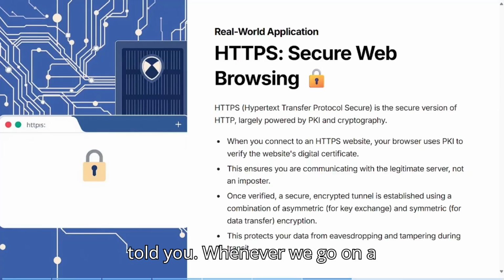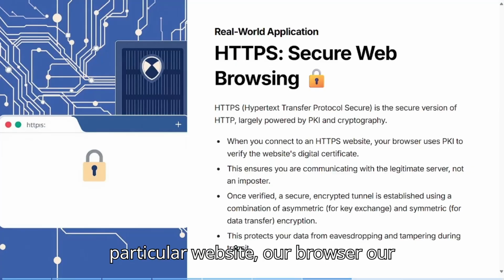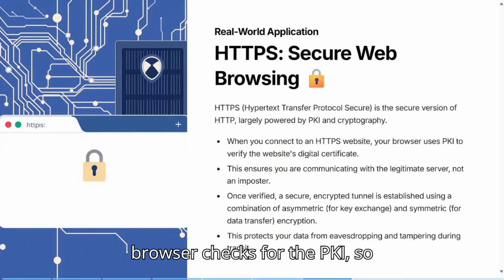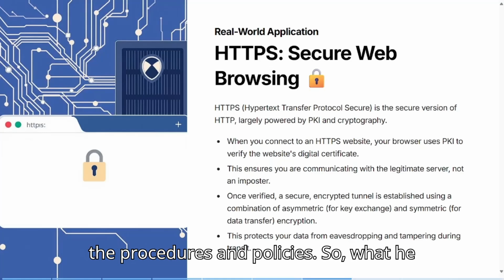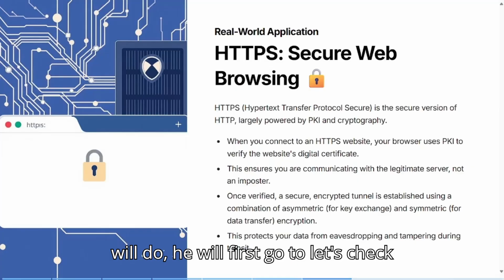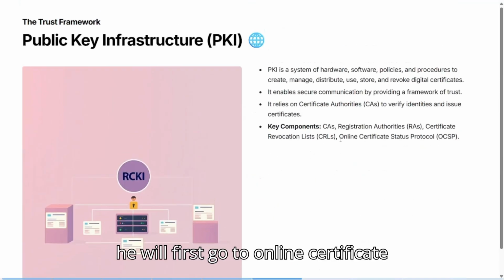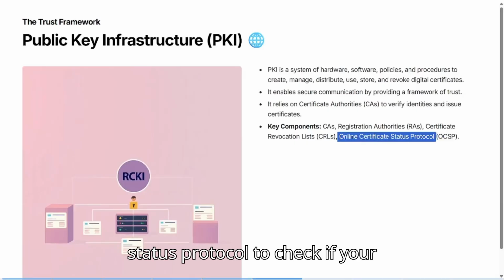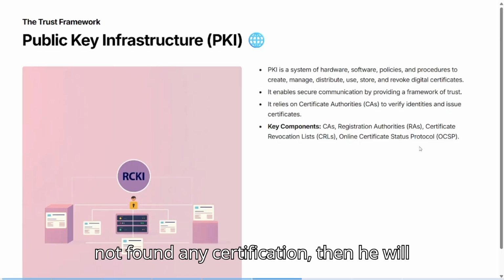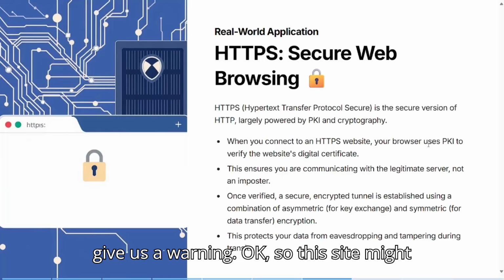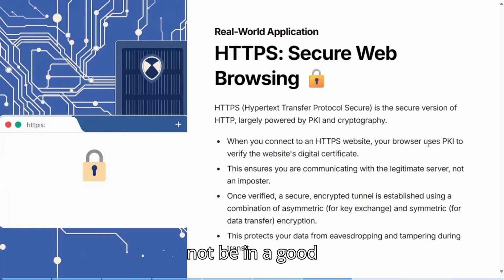As I told you, whenever we go to a particular website, our browser checks the PKI, which has the already associated procedures and policies. It will first go to the Online Certificate Status Protocol to check if your certificate is still valid. If it does not find any certificate, then it will give us a warning: this site might not be in a good position or not a secure one.